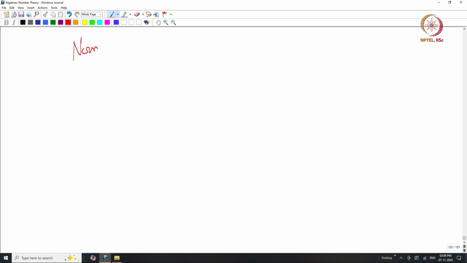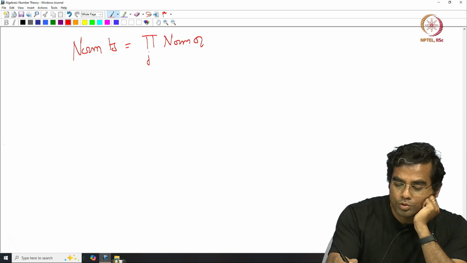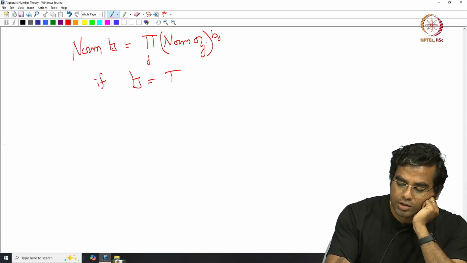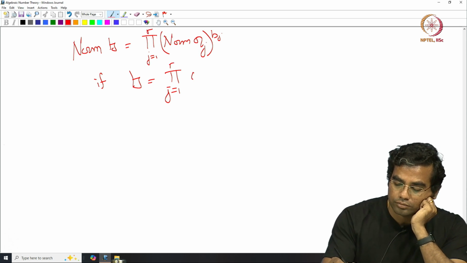So, the norm of B will be the product over j of the norm of Qj to the Bj, if B has the prime factorization product over j going from 1 to r, let us say, of Qj to the Bj.